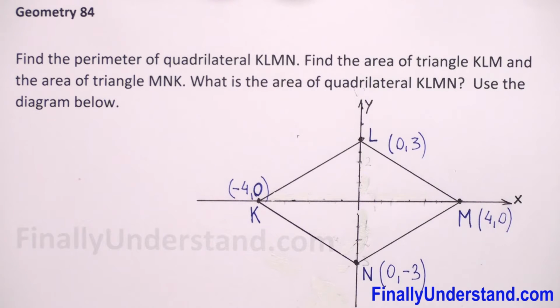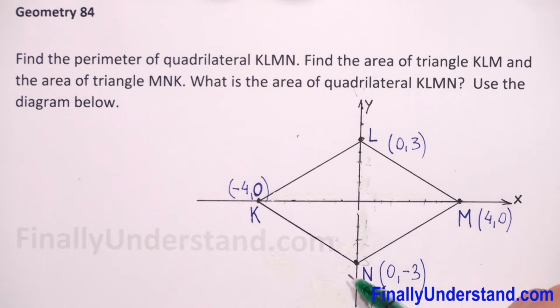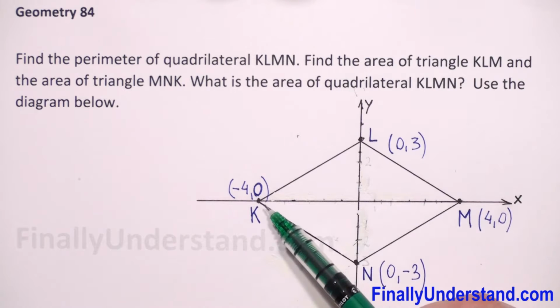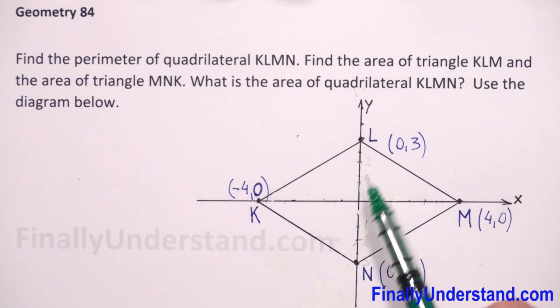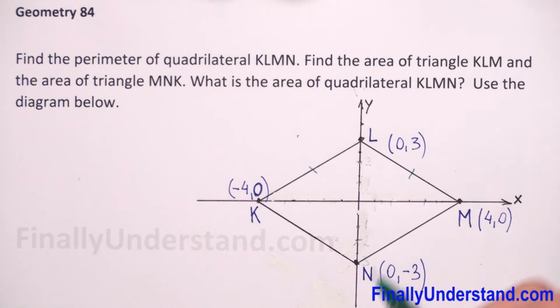We see that when we fold a sheet of paper along the y-axis, the segments KL and LM will cover each other, and KN and NM cover each other.